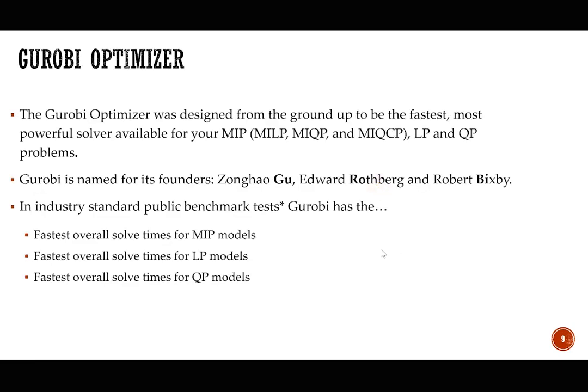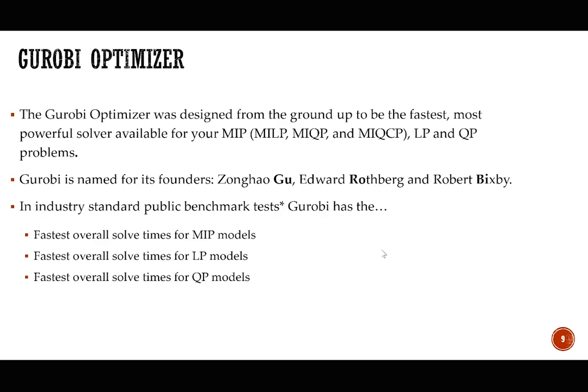As I mentioned earlier, Gurobi is our optimizer engine. The Gurobi optimizer was designed from the ground up to be the fastest, most powerful solver available for mixed integer programming, mixed integer linear programming, mixed integer quadratic programming, and mixed integer quadratically constrained programming, overall LP and quadratic programming.